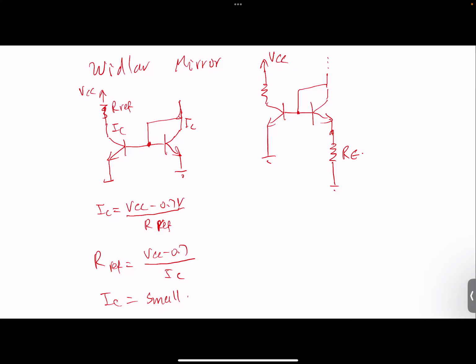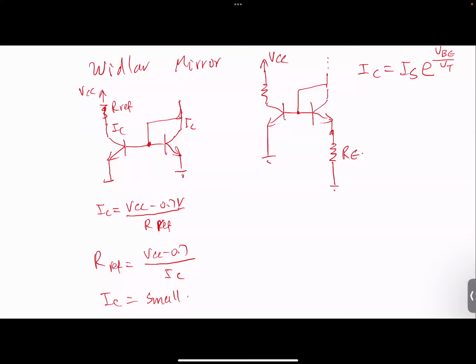Because if you look at the circuit right now, these two are not going to have the same current. Why? Well, how do you calculate the current in a BJT? Remember, the current in a BJT is like this. If you remember, IC is equal to IS times e to the power VBE over VT, correct?